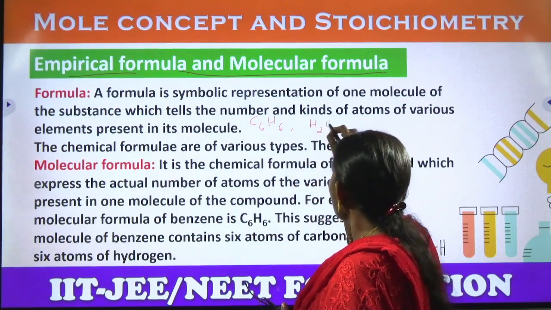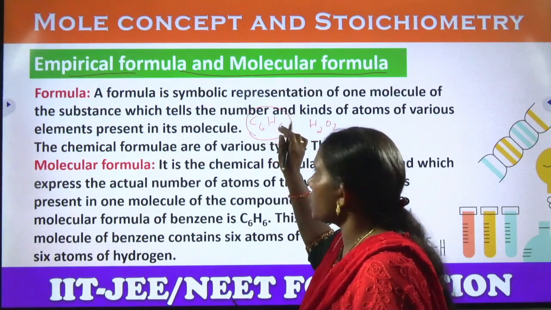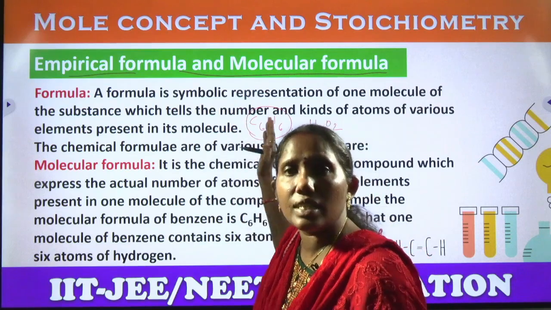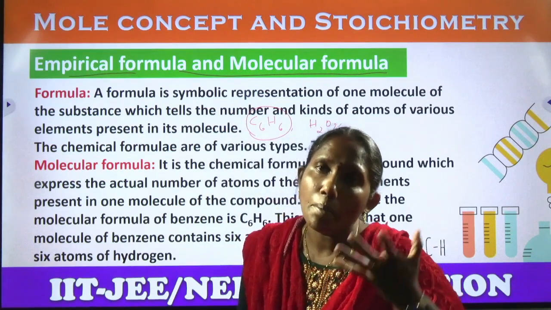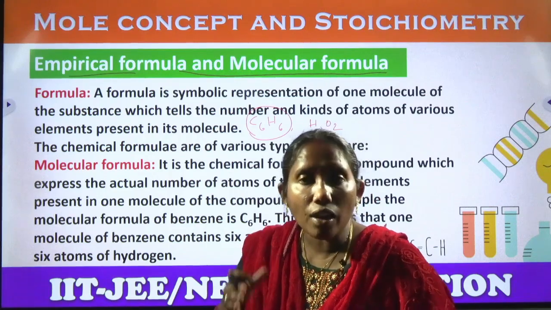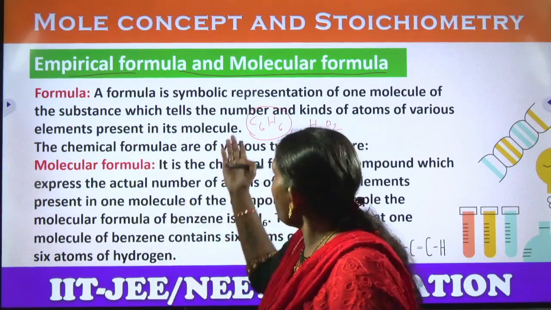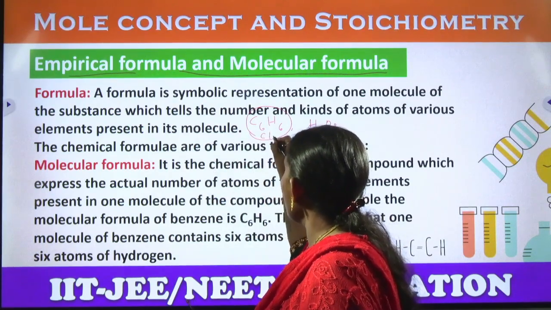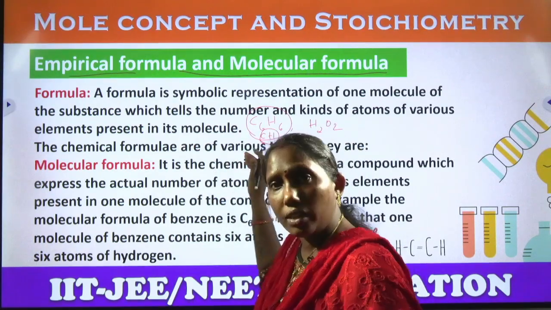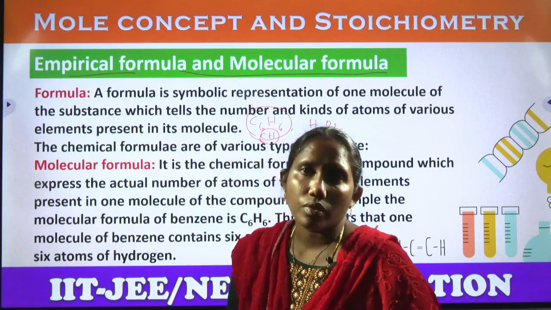H2O2. This C6H6 has 6 carbons and 6 hydrogens, the actual number of atoms present in the molecular formula. We have to simplify this. Carbons are 6, hydrogens are 6, so dividing by 6, it will be CH. The simplest formula is called the empirical formula.